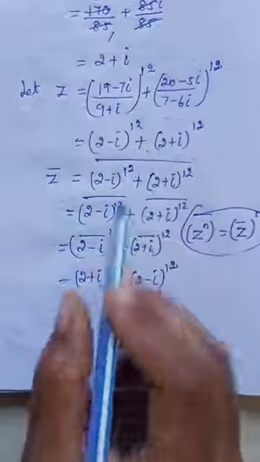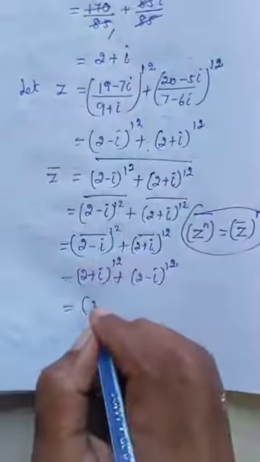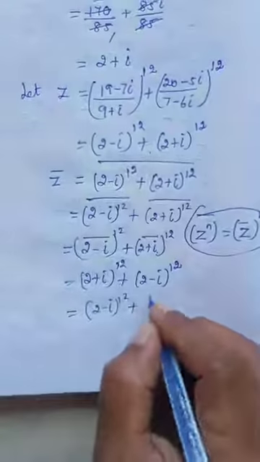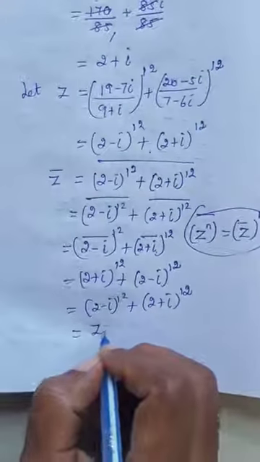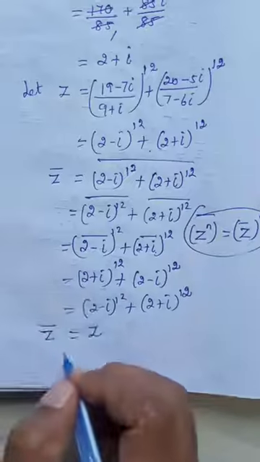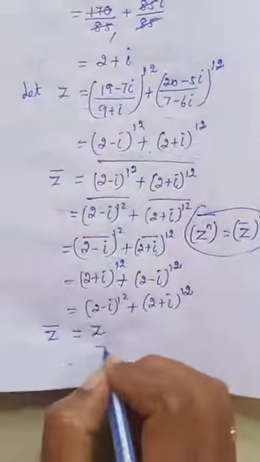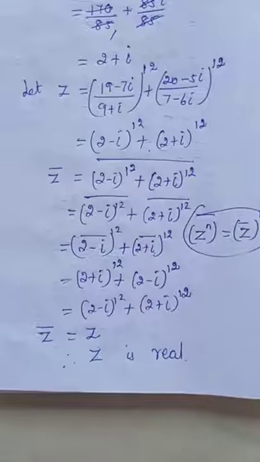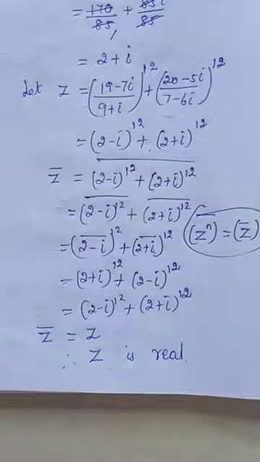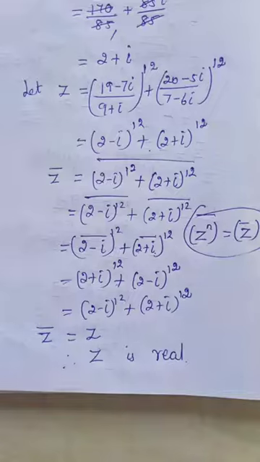So I can write it as 2 minus i power 12 plus 2 plus i power 12. This is Z. So we have got Z bar is equal to Z. Therefore, Z is real. Is that clear? The condition for a real number is Z bar equal to Z, and the condition for purely imaginary is Z bar equal to minus Z. So using that condition we have completed the two problems.